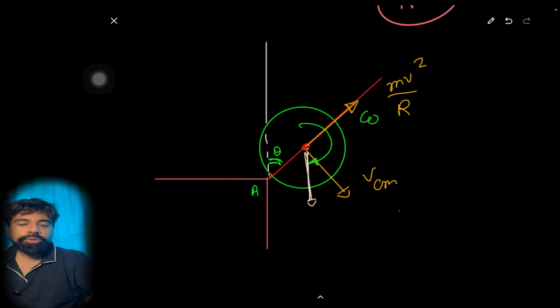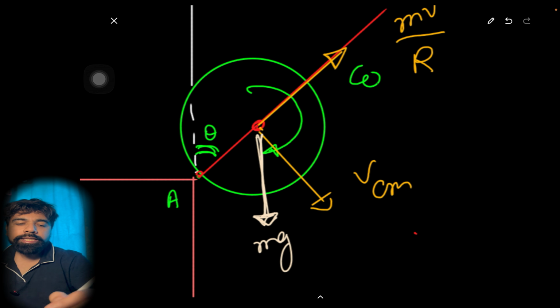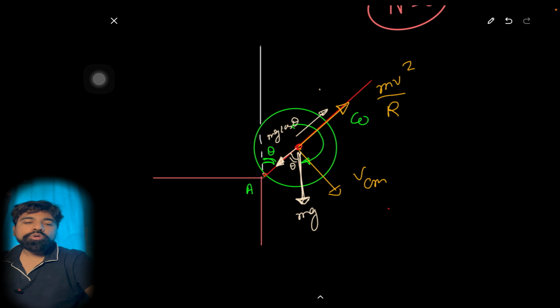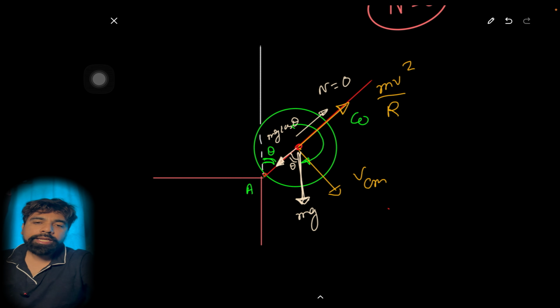If it has rotated by an angle theta, what is the component of gravity along the radial line passing through A? If this angle is theta, then this angle is also theta. This means the component of gravity along the radial line through A is mg cos theta, right? And this is the normal reaction. Now the question is asking to find theta when this N is equal to 0.